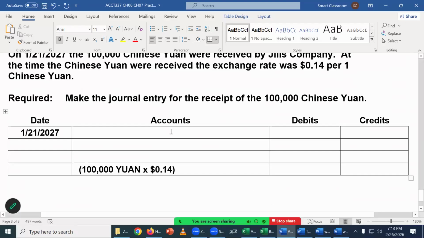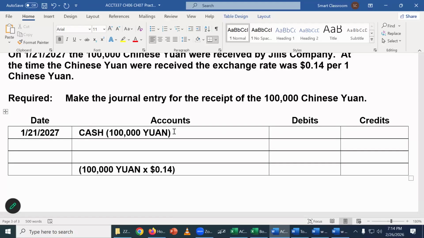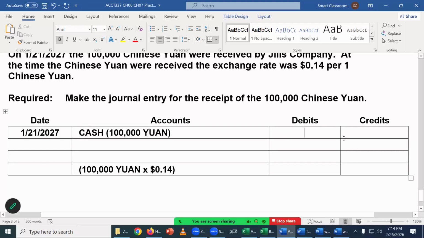This will be how much we got, and this will be converted into cash. Although actually what we got here was 100,000 yuan, we convert that right into cash, and so this will be 14,000.